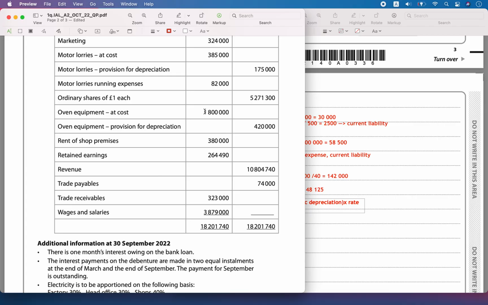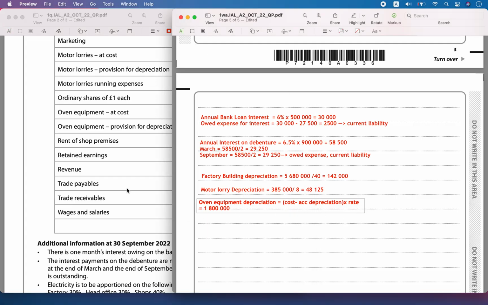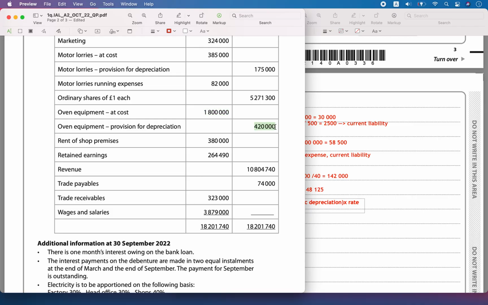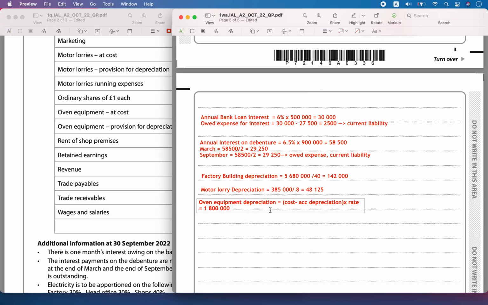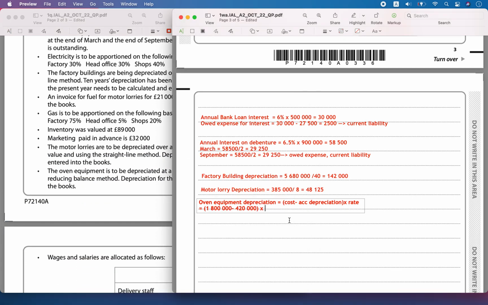So that is going to be equal to, the cost is 1,800,000 minus 420,000 times the rate. The rate they have given is 25%.